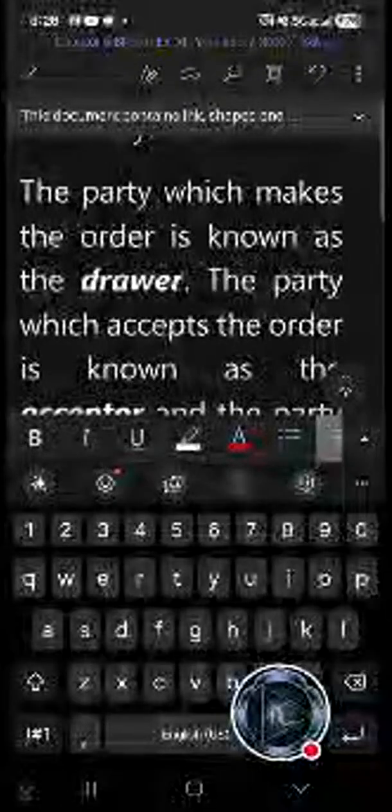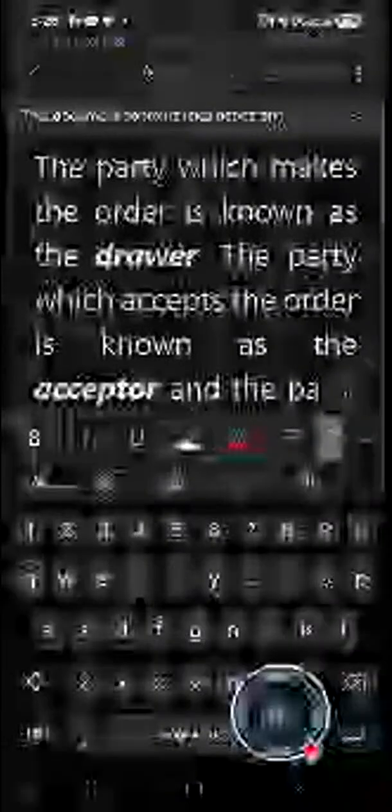The party who makes the order is known as the drawer.